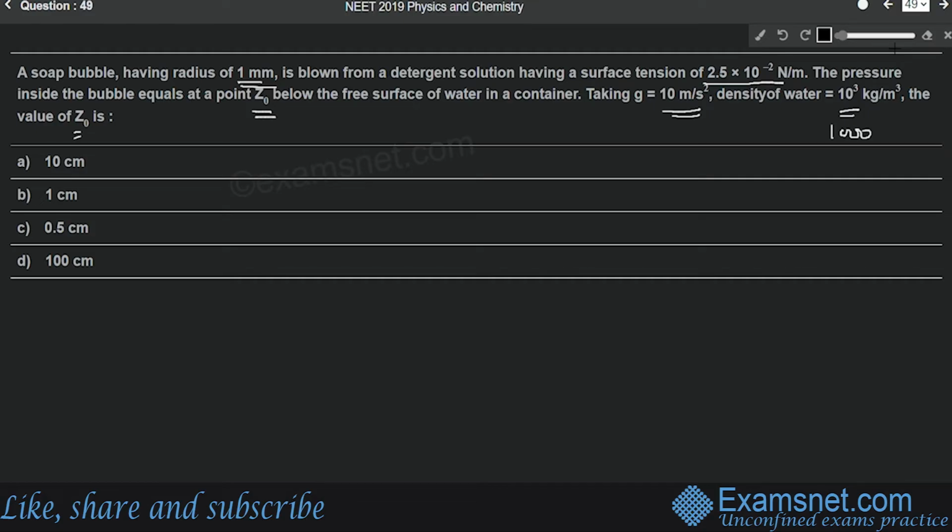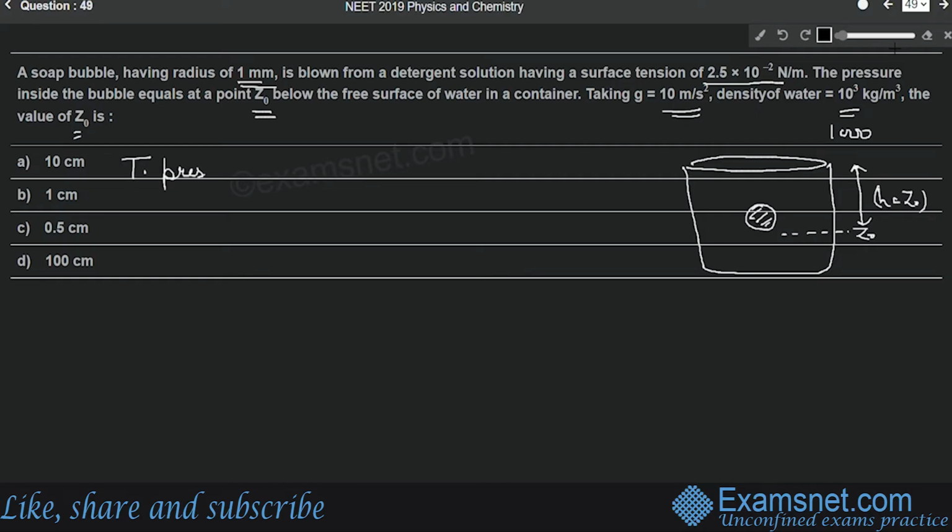So let's see what is given in the question. We have a container which is filled with water. Now inside this container a soap bubble is present at a point that is Z0 from the free surface. That means this height is equal to Z0, right? Now what will be the total pressure inside the soap bubble? Let's write it down here.